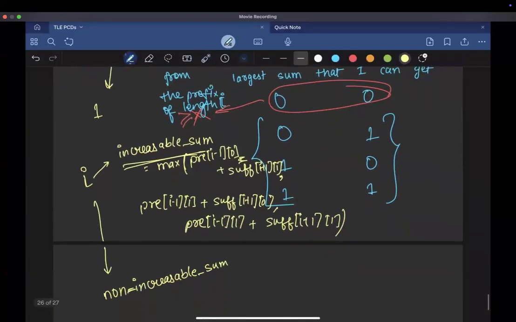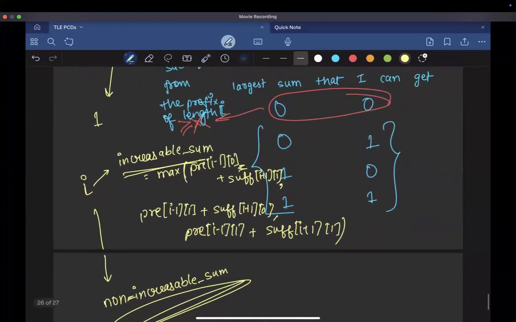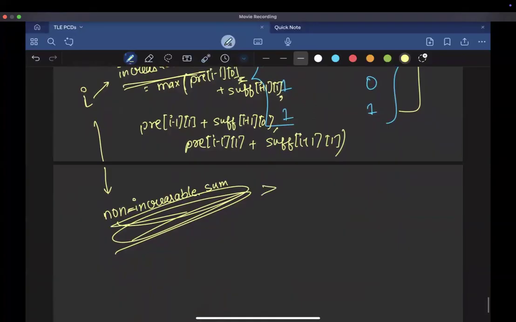So this non-increasable sum will have the maximum of all of these four. And I will just have a condition that if this thing is greater than or equal to x, then my answer is already 0. Otherwise, my answer will be x minus increasable sum.